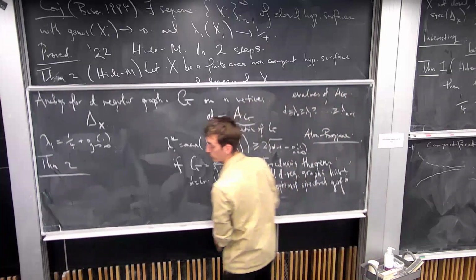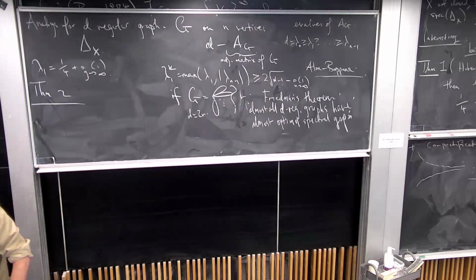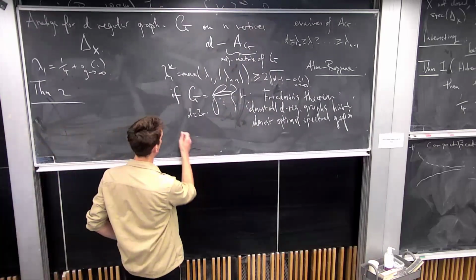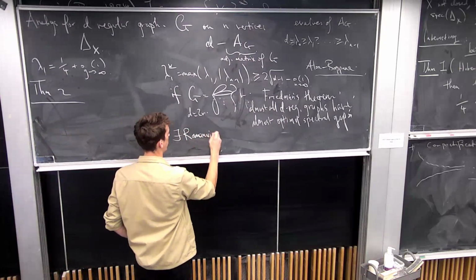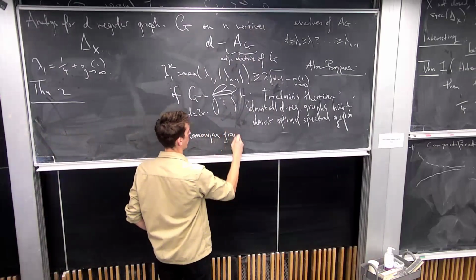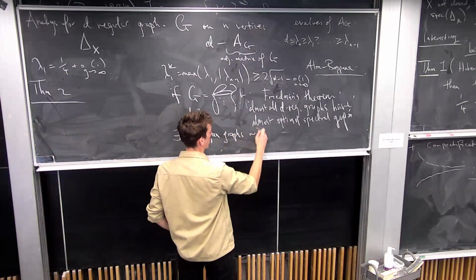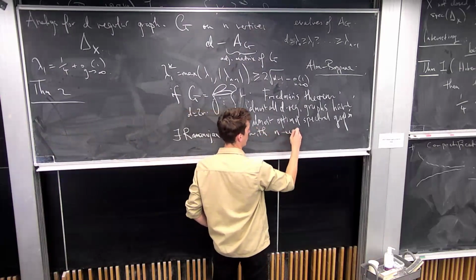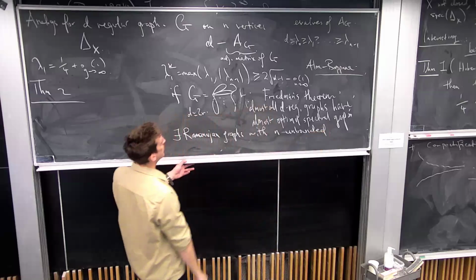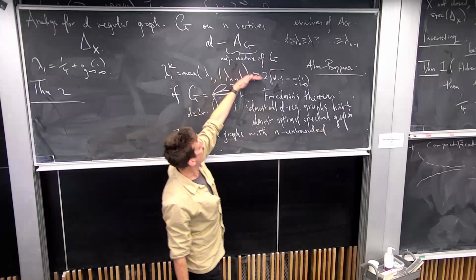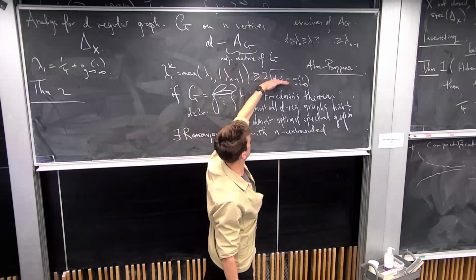Now let's do one in the other direction. So here's something here. There exist Ramanujan graphs with n unbounded. What does Ramanujan mean? Ramanujan means you have the optimal spectral gap, but you have this 2 root d minus 1 exactly.